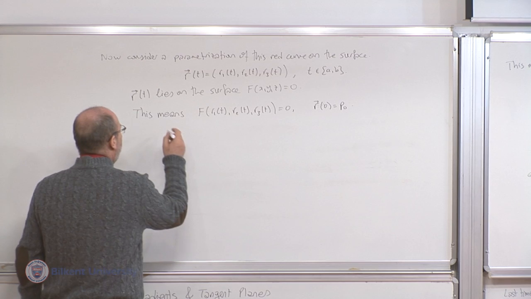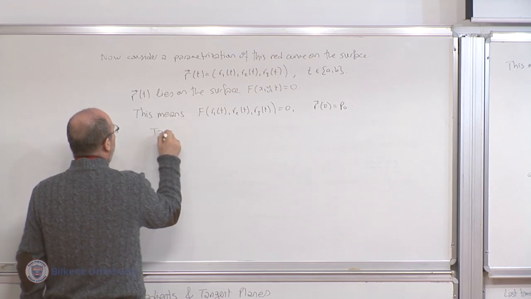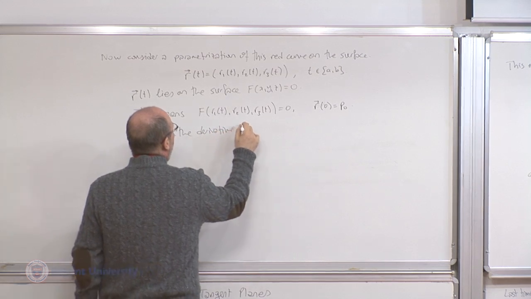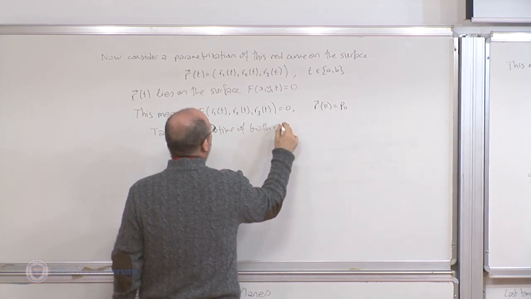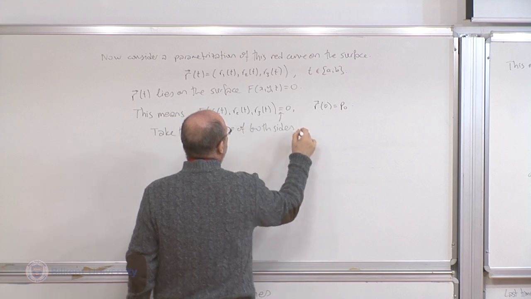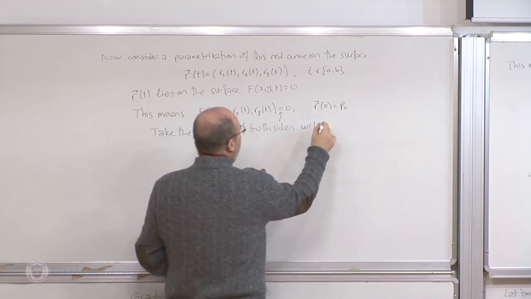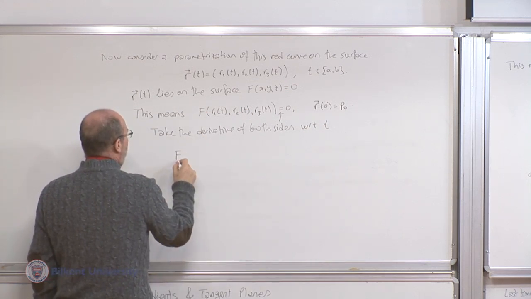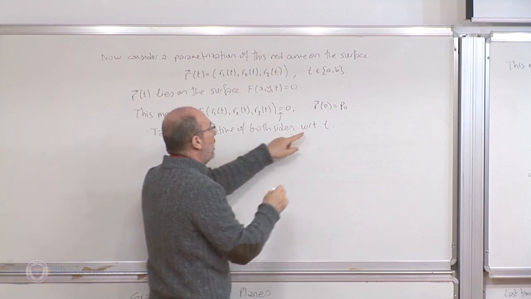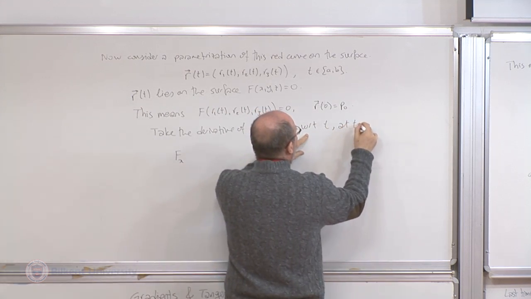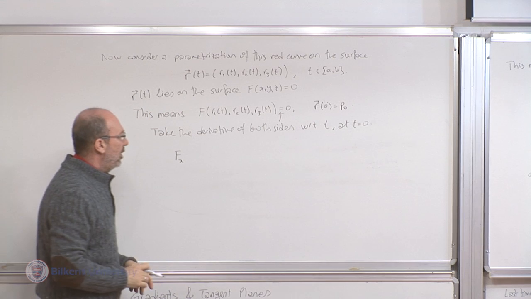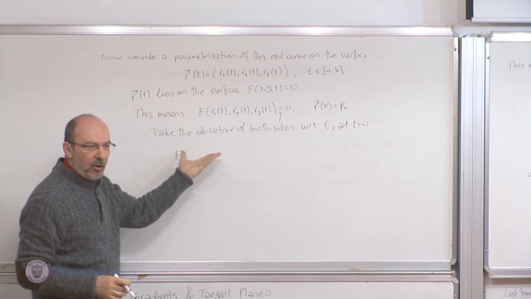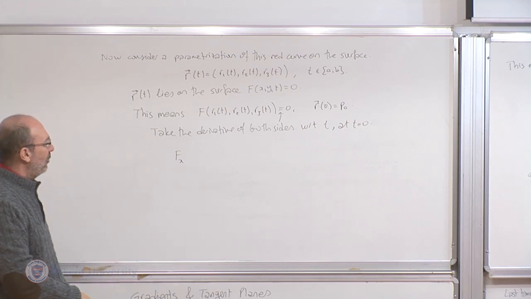We take the derivative of both sides with respect to, well, we have only one parameter, t. So the derivative of f with respect to x with respect to t at t equals 0, so that I don't write one more line, I can take the derivative with respect to t here and then put t equals 0. We are grown up, so let's do it in one step.